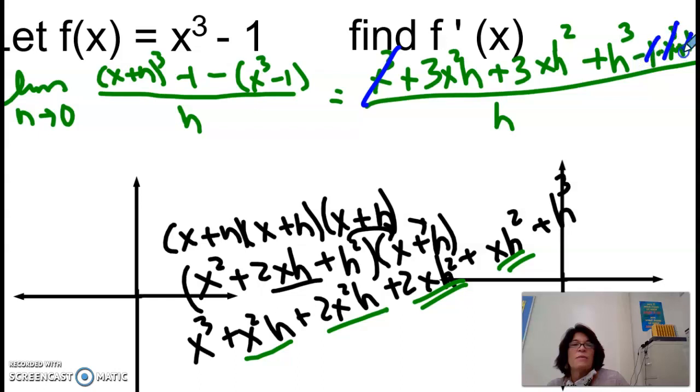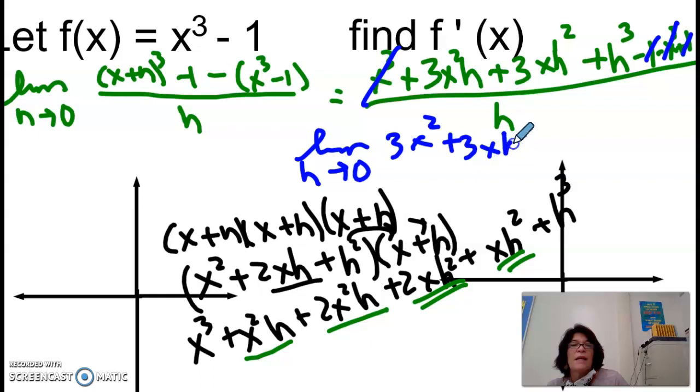I have minus 1 plus 1. And now every term has an h in it, so I can take one of the h's out of each of these terms in the numerator. So I get 3x squared plus 3xh plus h squared. I don't have a denominator anymore, so I can put 0 in everywhere there's an h. So my final answer is just 3x squared.